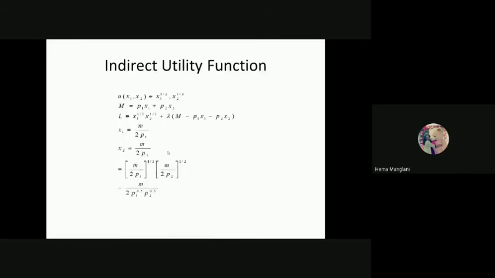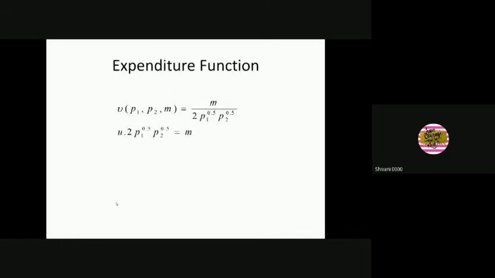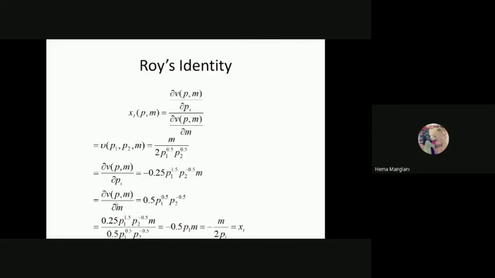This is your indirect utility function, V. From this itself you are differentiating this function with respect to p1 and with respect to M. This is the value of the differentiation with respect to p1, and this is with respect to M. Do you still have a doubt in that? No, ma'am.